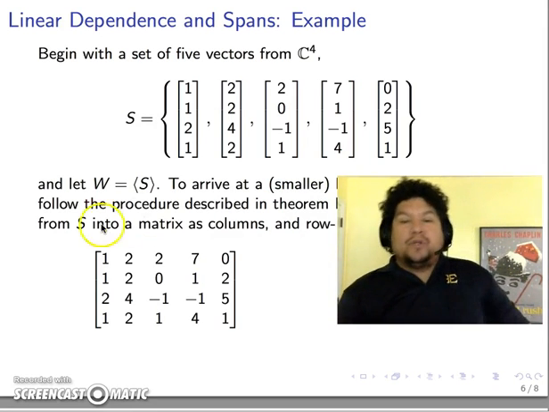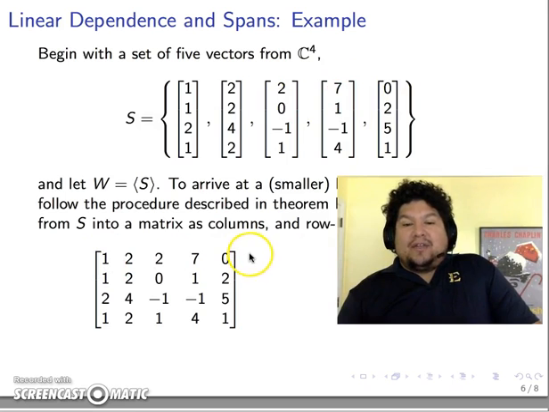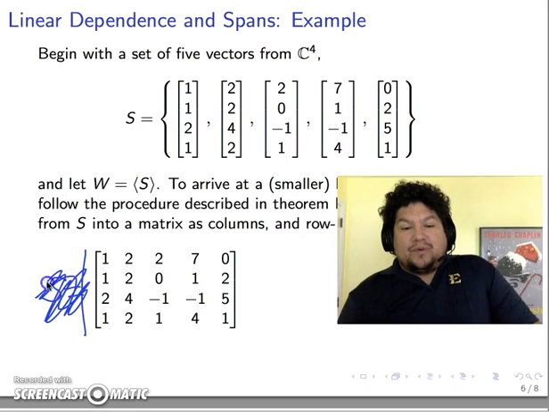So we now put all these elements u1, u2, u3, u4, u5 together into a matrix. This is the matrix formed from the members of the set. It is not true that S is a matrix.